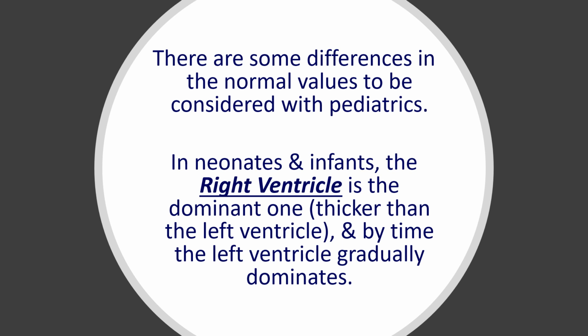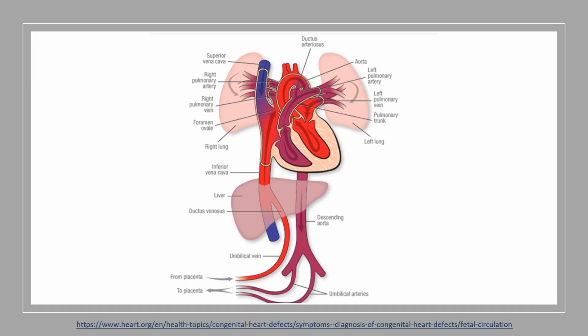So it's thicker and bigger than the left ventricle, and by time the left ventricle gradually grows and dominates. And this is simply all because of the fetal circulation. So it's all about understanding the fetal circulation so you can understand exactly what happens with the pediatric ECG.